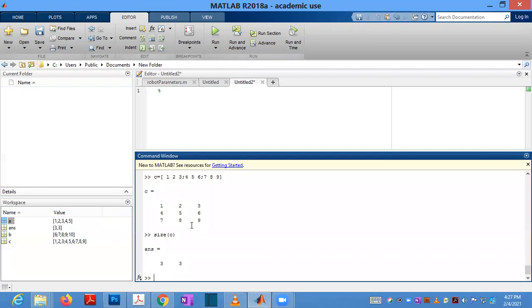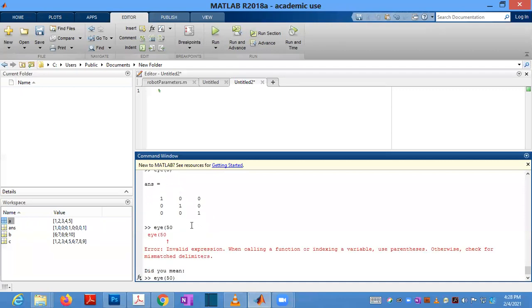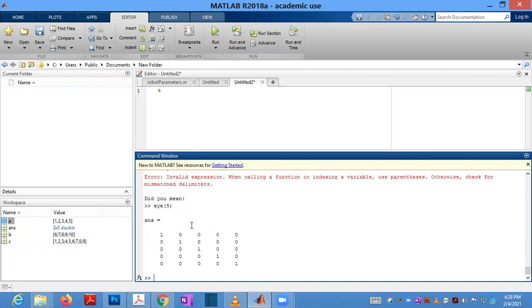There are so many matrices. I of 3 will create an identity matrix of size 3. If I of 5, it will create the identity matrix of size 5. I is the command used for the identity matrix. For an identity matrix, you enter the row and column size, so 5 means it will create a 5 by 5 matrix.